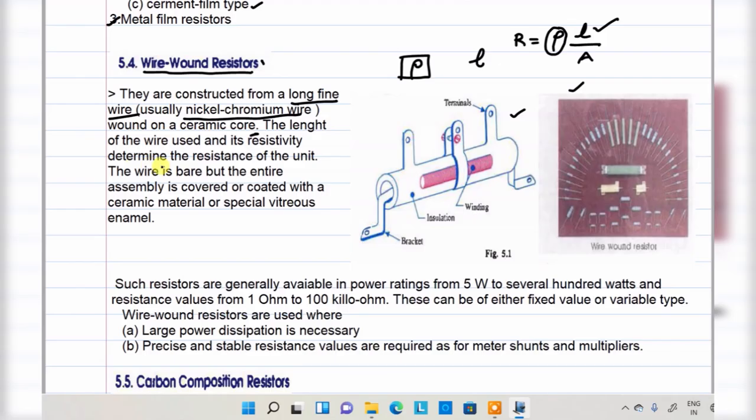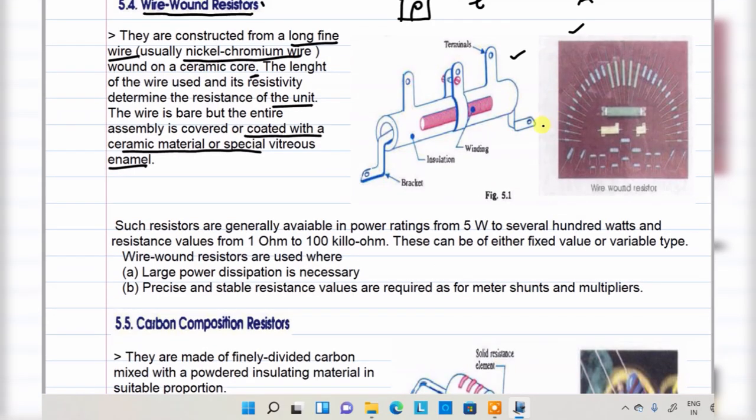The wire is bare, that means there is no plastic insulation outside, but the entire assembly is covered or coated with a ceramic material or special enamel coating. So this is about the wire wound resistor.